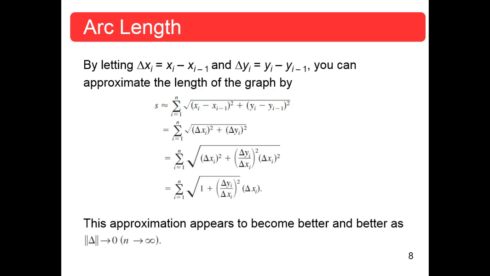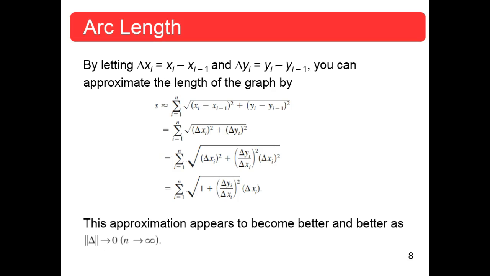By letting your delta x sub i be x sub i minus x sub i minus 1, and delta y sub i be y sub i minus y sub i minus 1, you can approximate the length of the graph.